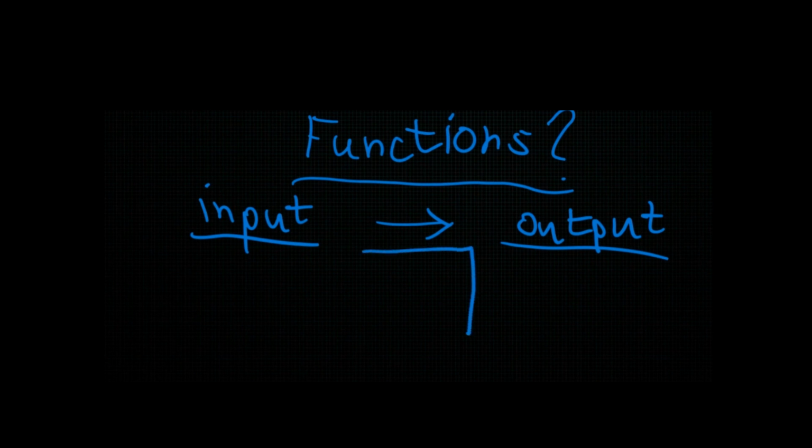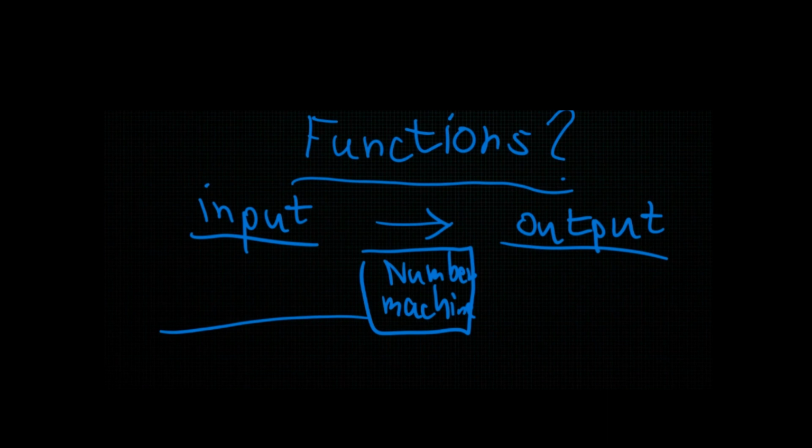To put it simply, imagine having a number box. Let's call it a number machine, which takes in variables and numbers. Say we have a number x.